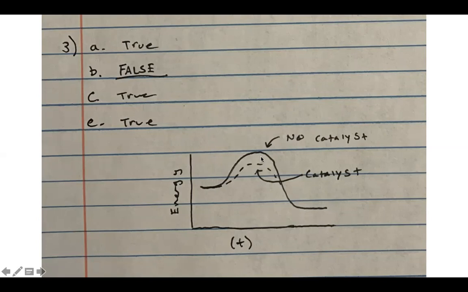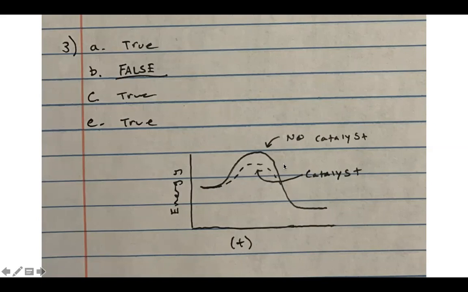As we can see, whether we have no catalyst or a catalyst, the energy level we start with and the energy level we end with doesn't change at all. So the state property isn't going to be affected by the catalyst, because all the catalyst does is decrease the activation energy, which changes the path of the reaction. But state variables or state functions, whatever you want to call them, don't depend on the path of the reaction.